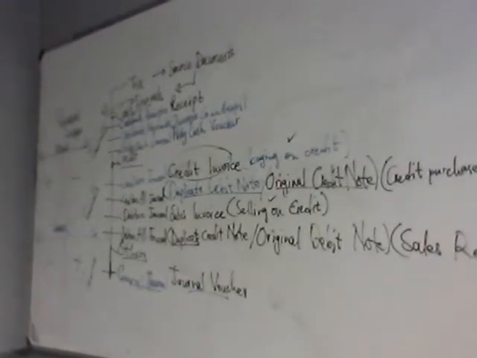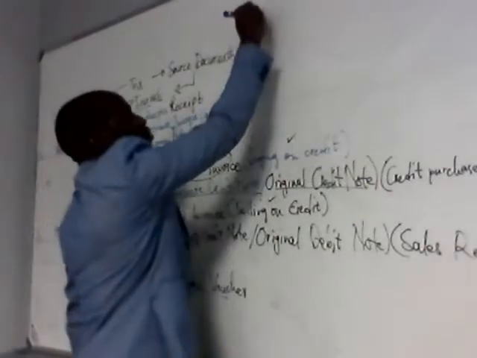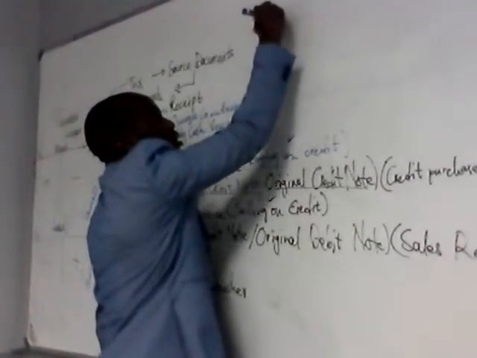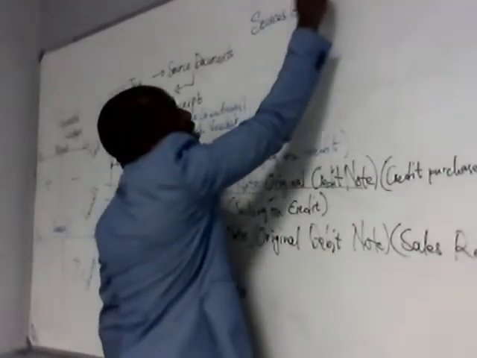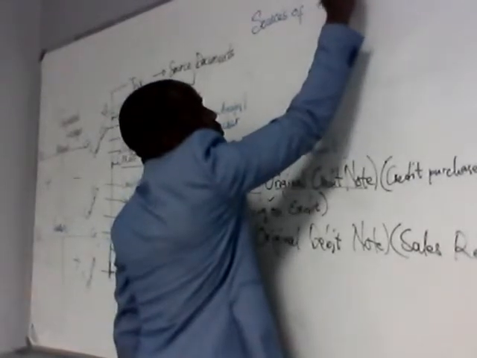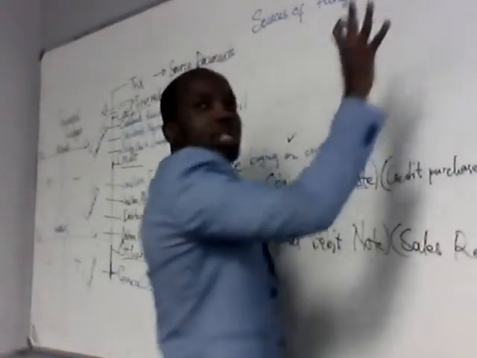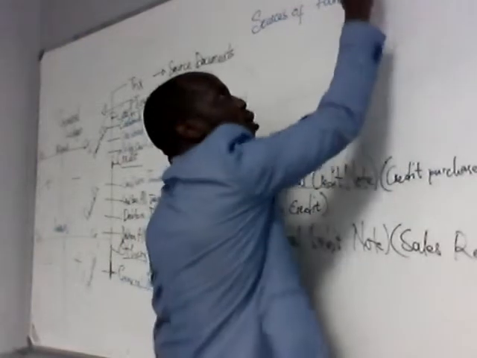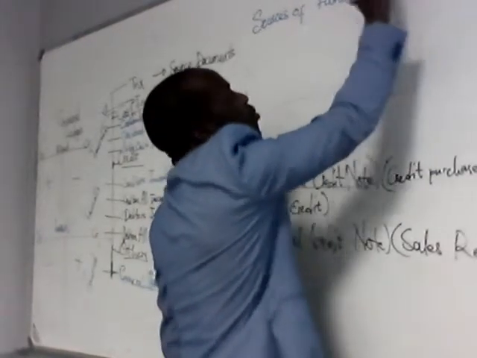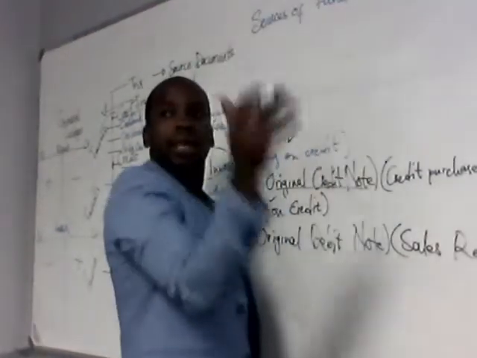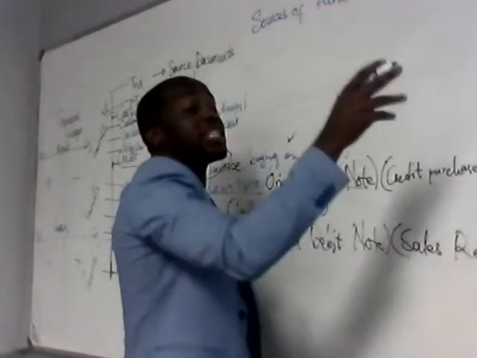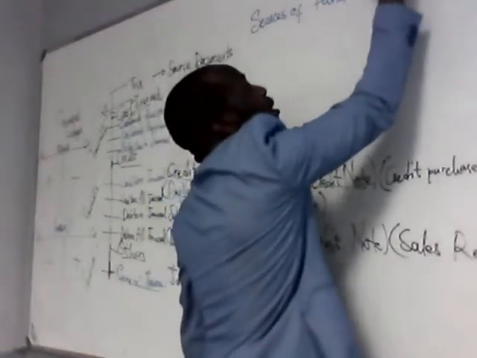So that is the thing. Firstly, we need to have sources of funds. And then these sources of funds must somehow be equal to what the second financial management principle of application.